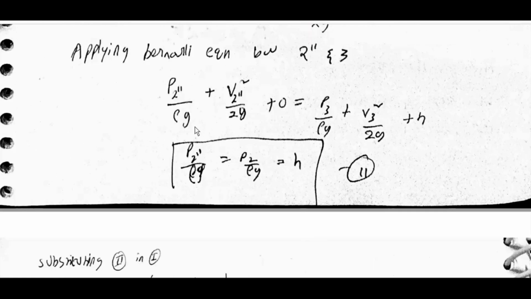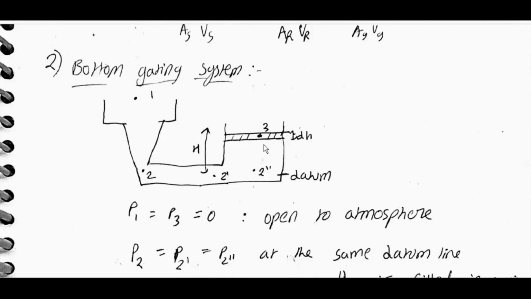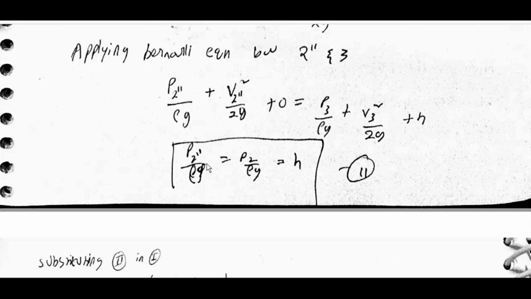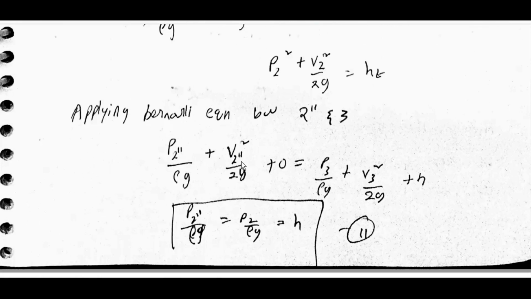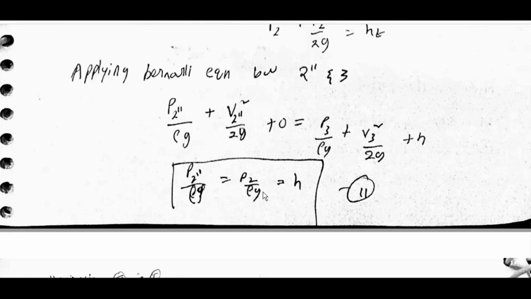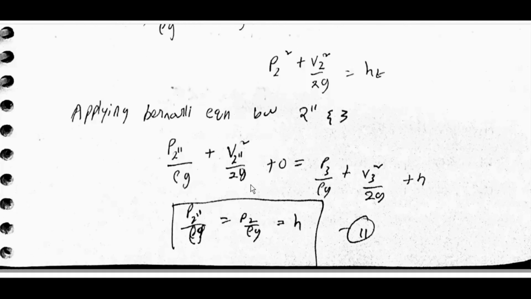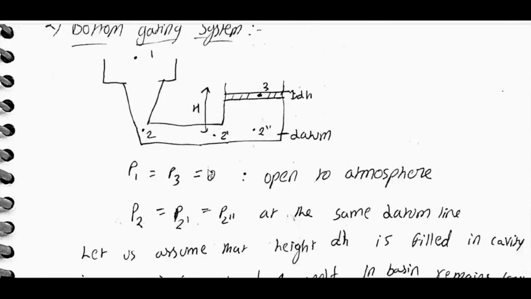Applying Bernoulli equation between 2 double prime and 3: P2 double prime by rho g plus V2 double prime square by 2g plus 0 is equal to P3 plus V3 square by 2g plus H. This is at H, it is considered. P2 double prime by rho g is equal to P2 by rho g is equal to H. V2 double prime is V3.